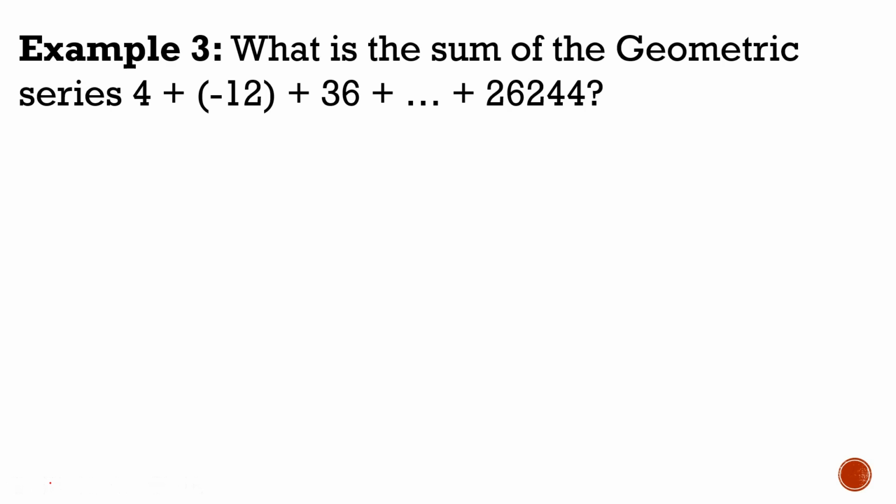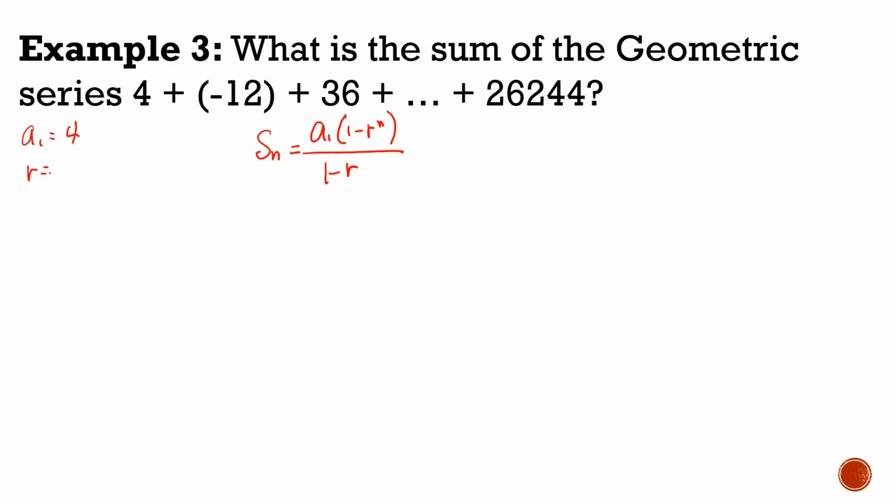So what is the sum of the geometric series 4 plus negative 12 plus 36 until 26,244? Okay, so let's use the formula again here. I will write the formula again. So we need to know the first term, which is 4.